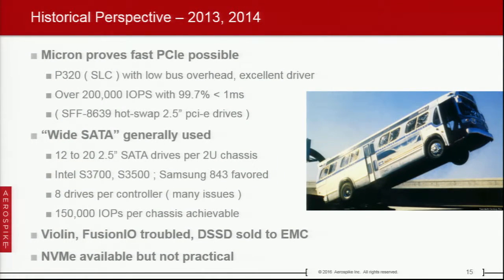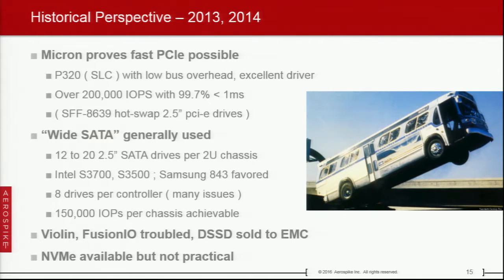During the years of 2013, 2014, you could put together some really amazingly fast servers that were NAND-based because you could put together SATA devices that were, say, 20, 24 devices long in a fairly commodity and cheap, widely available 2U chassis.